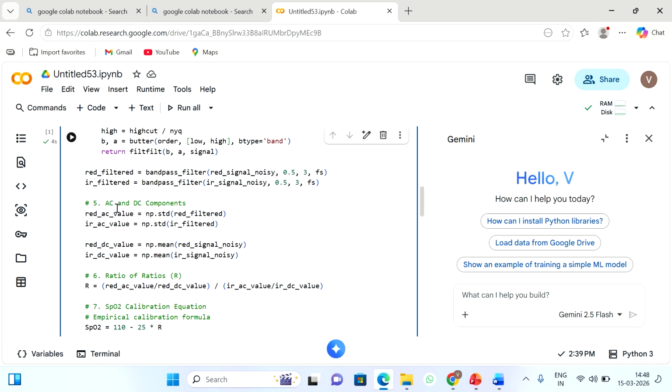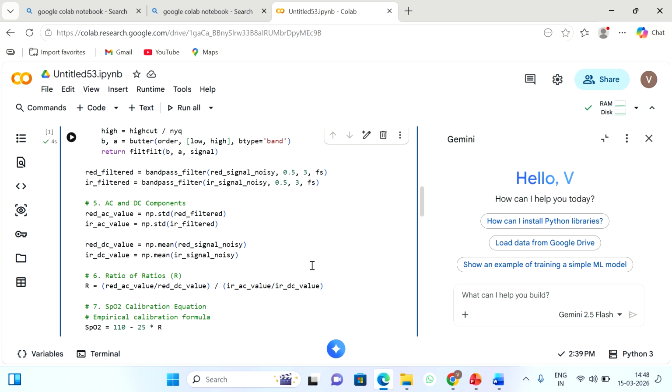And then the DC component. red_DC_value is equal to np.mean of red_signal_noisy. In the same way, IR_DC_value is equal to np.mean of IR_signal_noisy. The mean value, as we normally know, is the baseline level, so it represents the DC value.